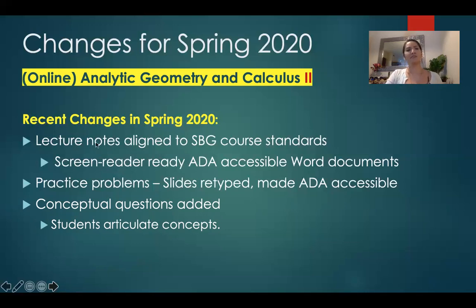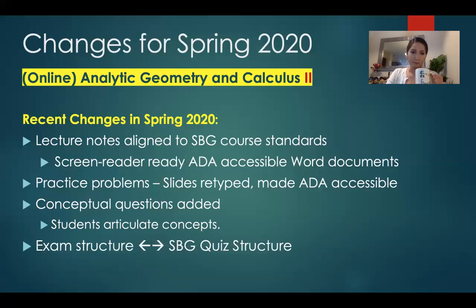And most of this had happened over the course of several years, not in spring 2020, but in the years before spring 2020, as I was learning more about creating excellent online courses through TCC's online course developer training and the Quality Matters rubric.